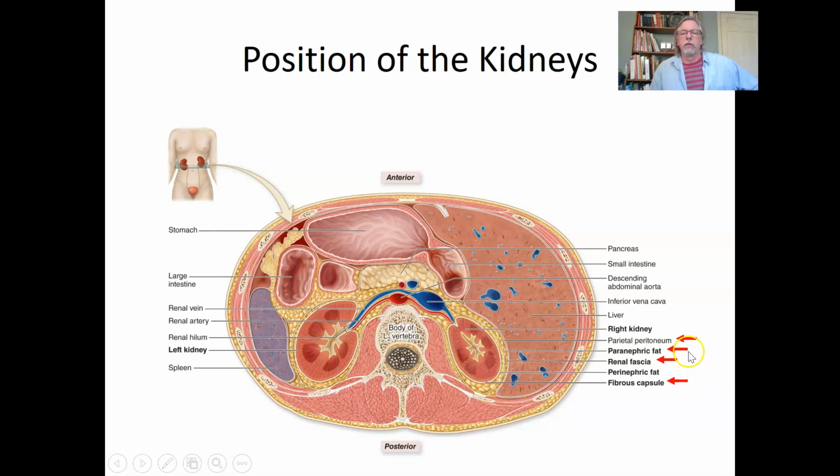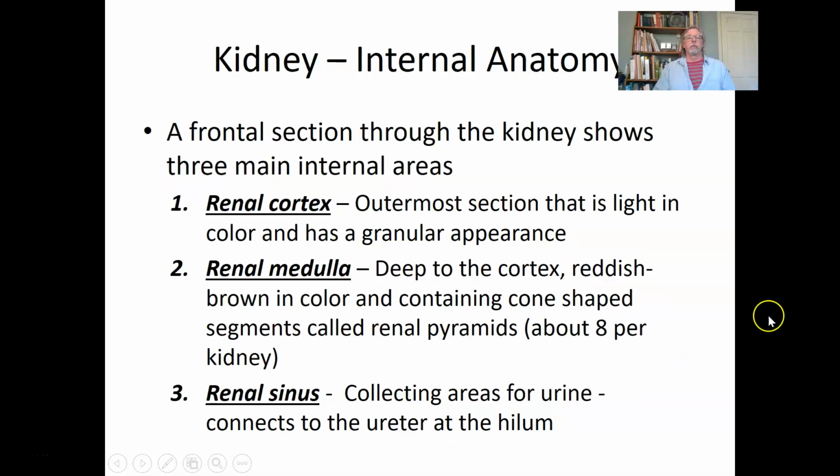The red arrows are also pointing out the positions of the other structures from the previous slide. Here's the kidney itself, and all of this tissue is paranephric fat cushioning it. Here is the renal fascia, the fibrous membrane anchoring the kidney in place. That runs through the paranephric fat layer. And the fibrous capsule is the tough fibrous layer encompassing the internal structure of the kidney.